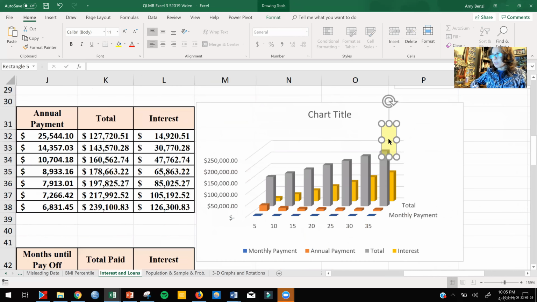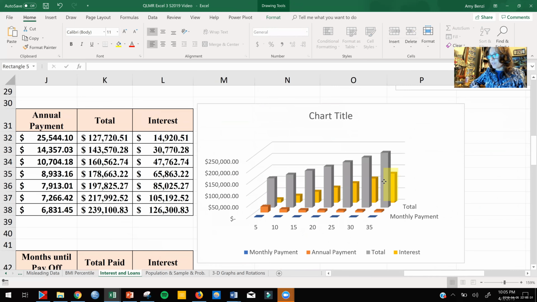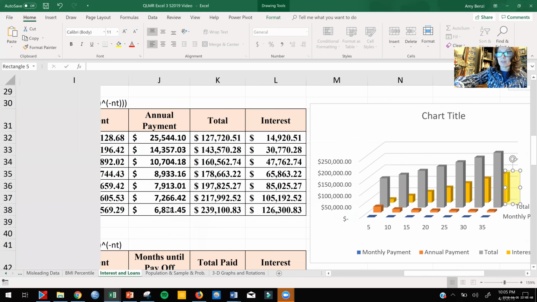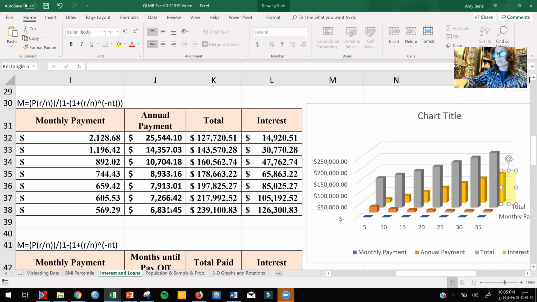All right, so if you look all the way over here at 35 years, how much interest did we pay? Holy smokes. We paid $126,000 in interest. That's $6,000 more than the house was even worth in the first place, just because we wanted that low monthly payment of $569. So you can see how the graph changes.